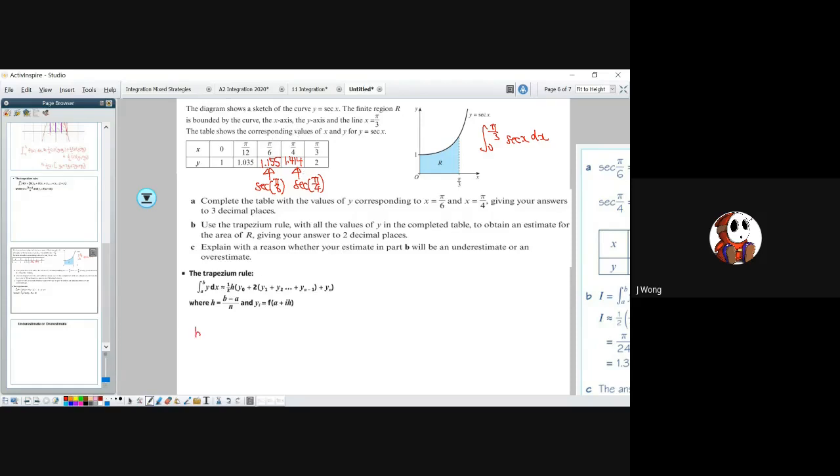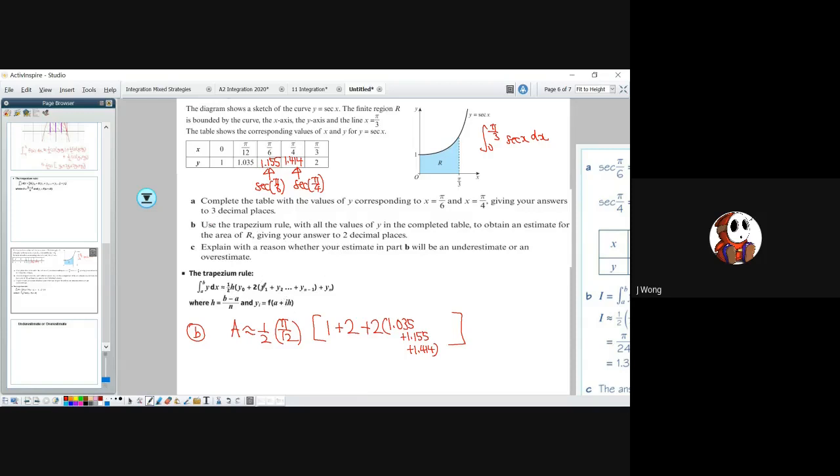So for part B, if I would like to find the area, I could just do a half multiplied by the width, which is pi over 12, multiplied by the endpoints, 1 plus 2, plus 2 times the values in between, which is 1.035 plus 1.155 plus 1.414. And then you could use it to find the area.